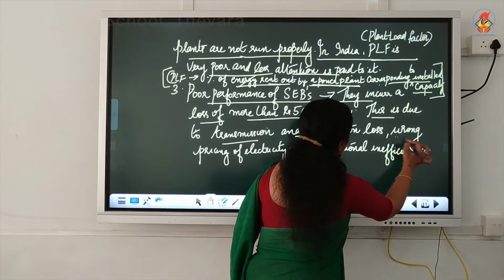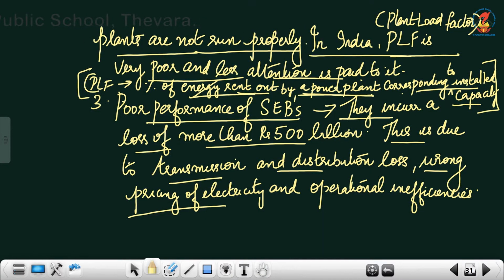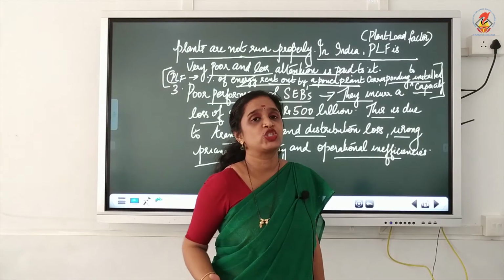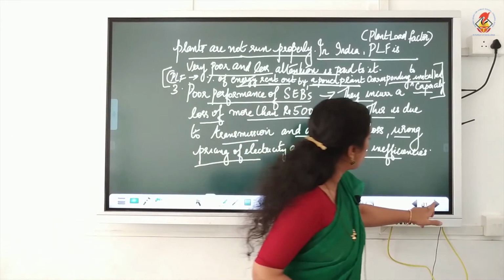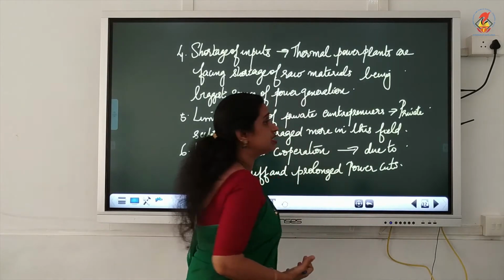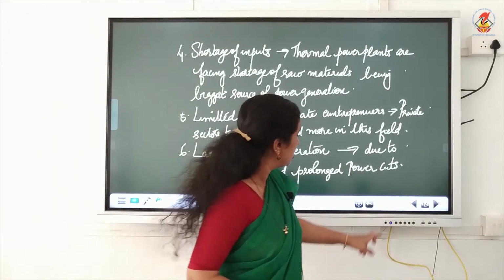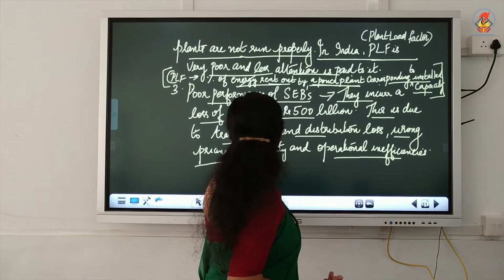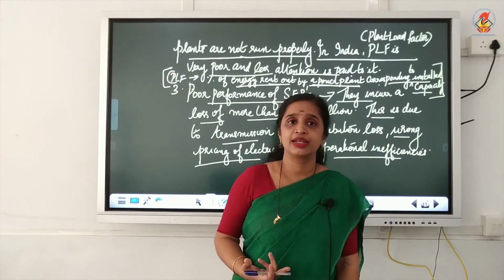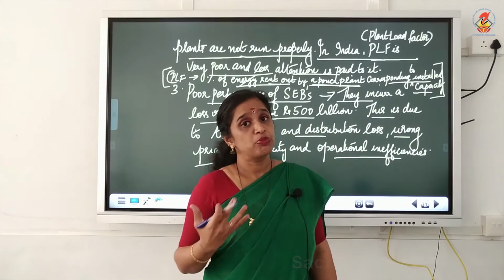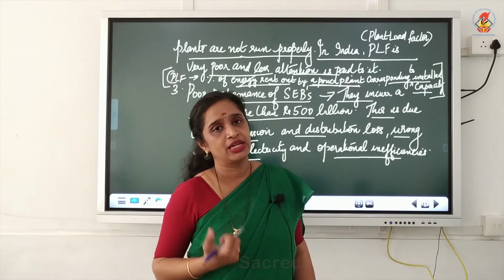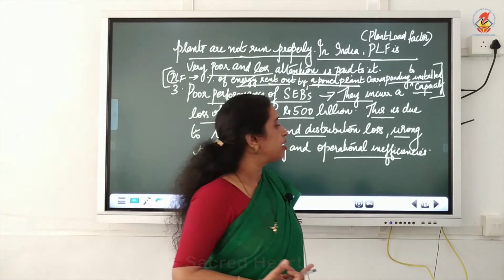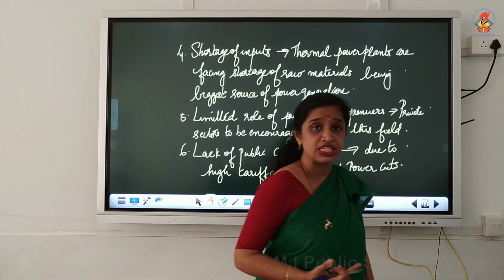Then wrong pricing of electricity, then operational inefficiencies, and staff management has to be done properly. All these are the main reasons for inefficient management. Such poor performance can create a lot of challenges in the power sector, and that has to be rectified.